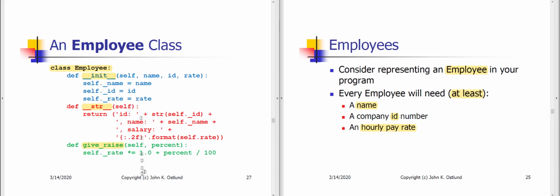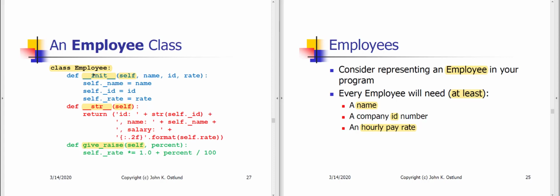Let's take a look at the internals of each of these methods. Each method is a function, so we use def to define it. Notice that the first argument to each one of these function definitions is self.